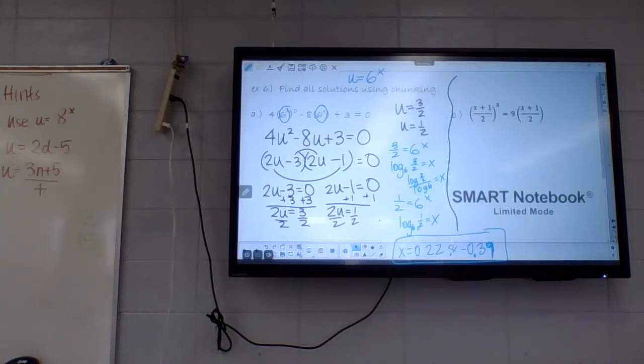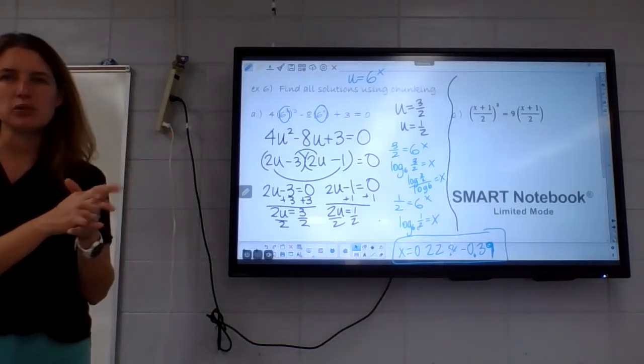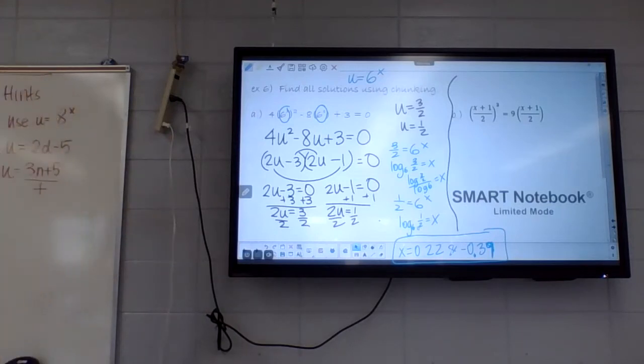When you take a calculus class, you do something similar called U substitution, where you substitute in. I think you get to that in Calc 1, maybe not. It's been a long time since I had regular Calc.